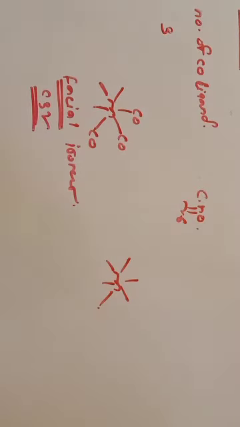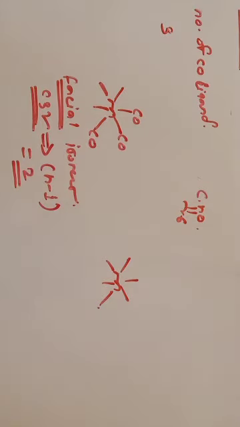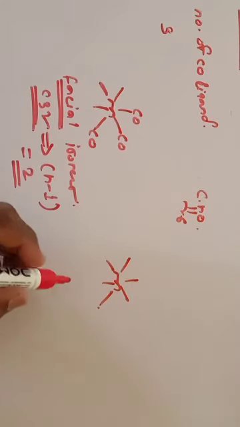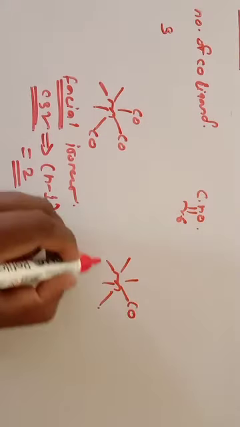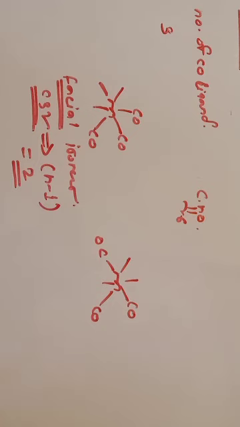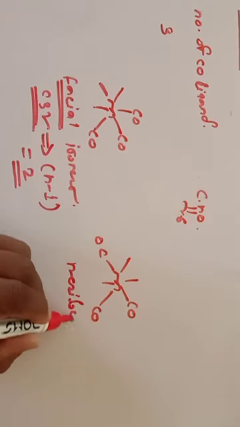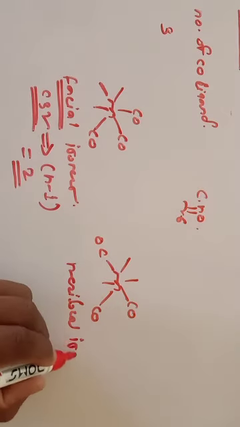Whenever the point group is C3V, the number of IR bands is n minus 1, so we get 3 minus 1, which is 2 IR bands for this facial isomer. Keep in mind the point group is C3V. The second is the meridional isomer, in which 2 CO ligands are trans to each other and 1 CO is cis to them.